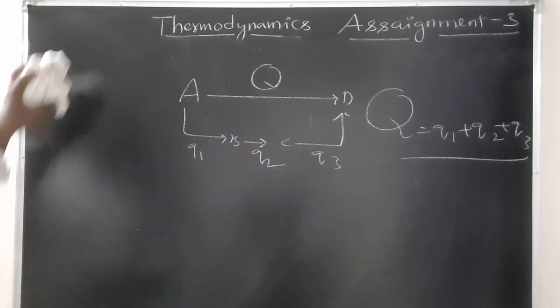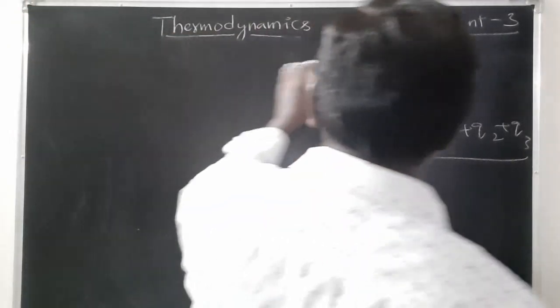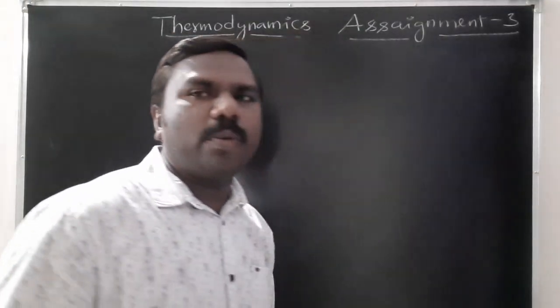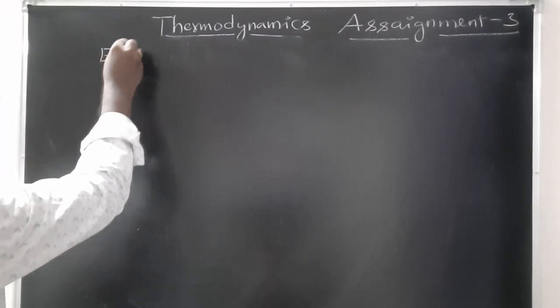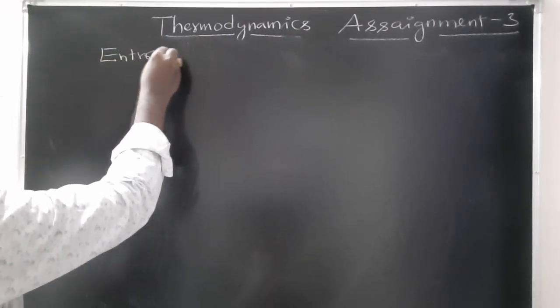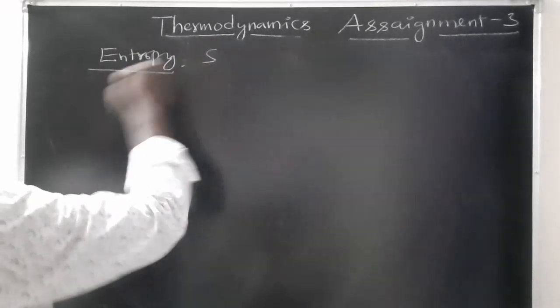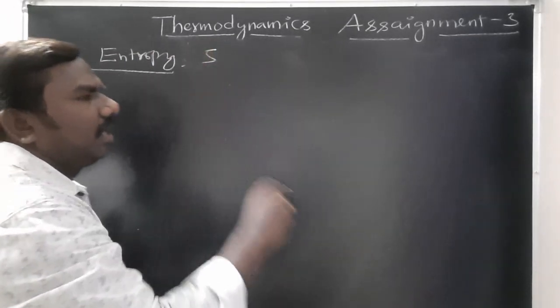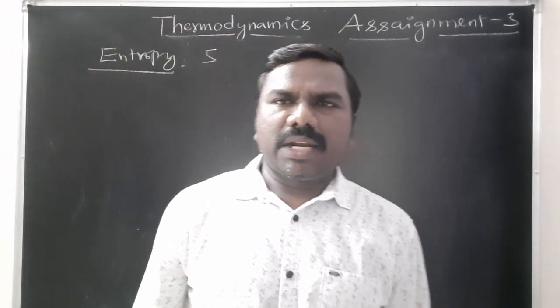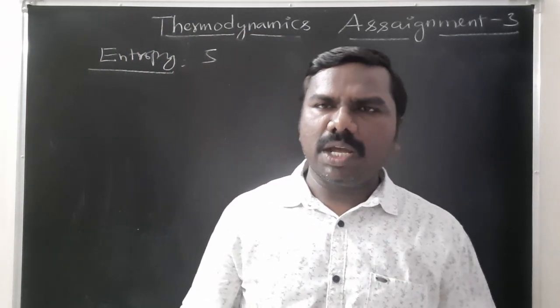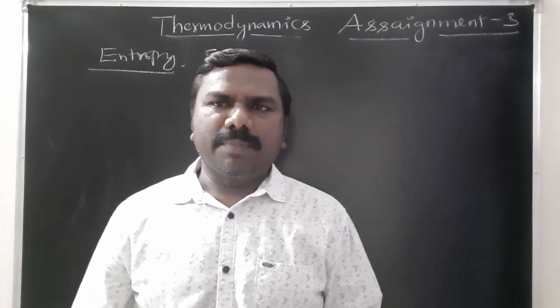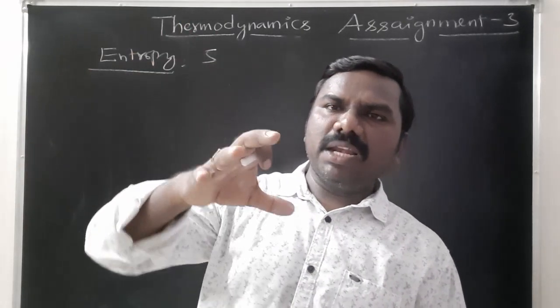Next, entropy. Enthalpy is completed. Entropy is indicated by S. It is nothing but the randomness or disorder of molecules in a system. For example, water flows from a high level to a low level.